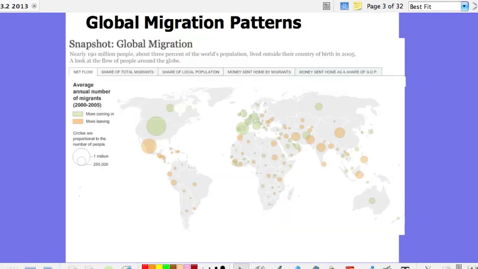Here's another look at the global migration patterns. If you think about what type of thematic map this would be. See that there is a symbol, it's a circle, and the larger the circle here, the greater amount of data it represents. So this is a proportional symbol map, and it also shows net migration in and out.